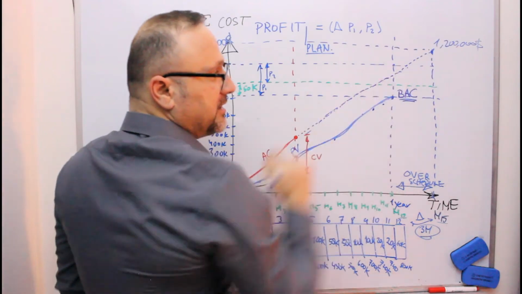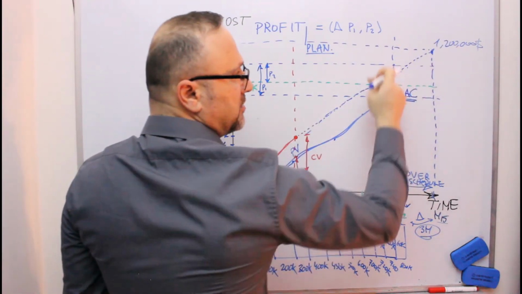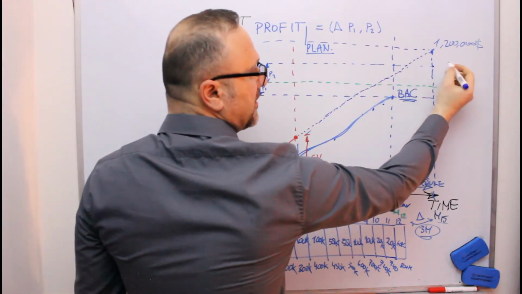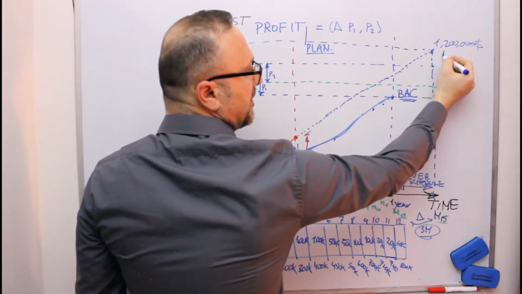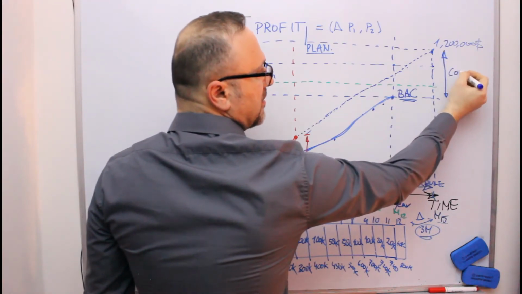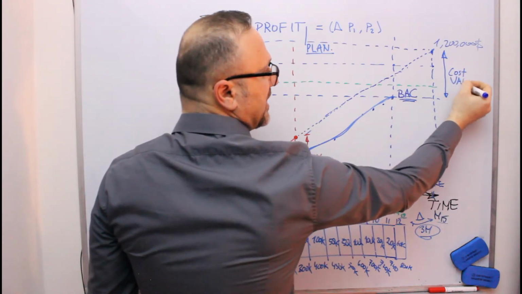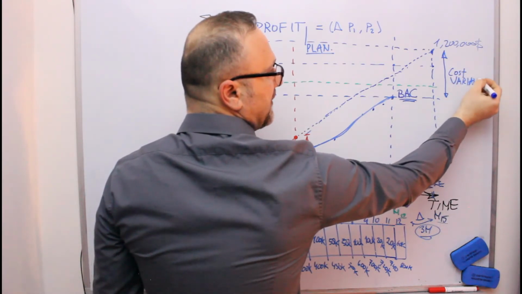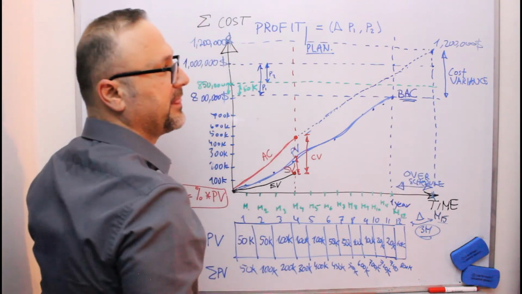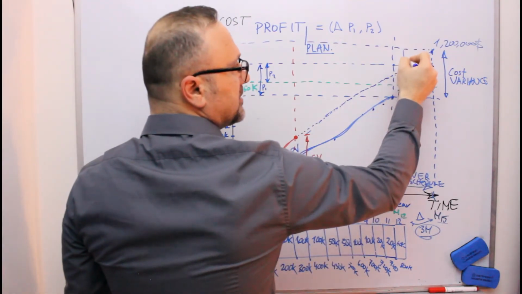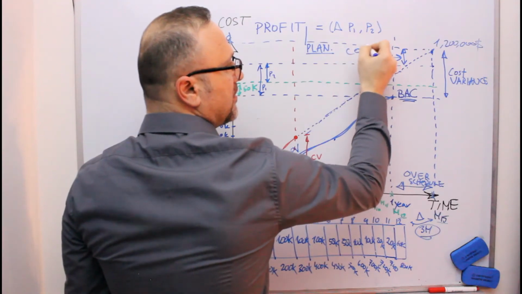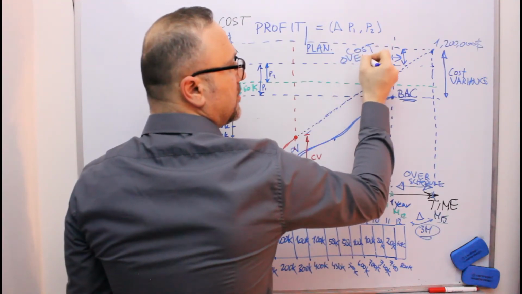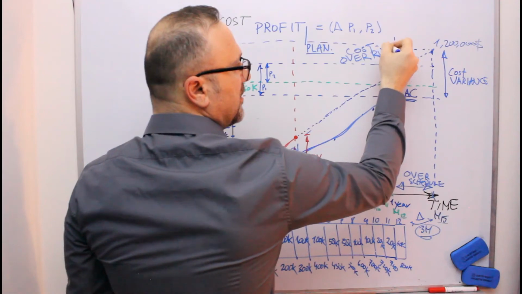Why do I explain it in this way? Because I need to tell you here that this is the cost variance, and this is the cost overrun.